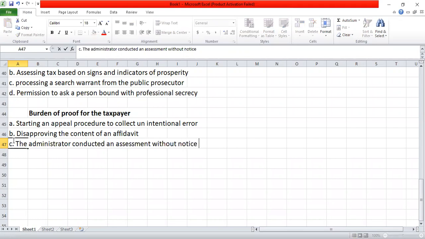If the tax administrator conducted an assessment without notes, an audit without notes, the burden lies with the taxpayer.